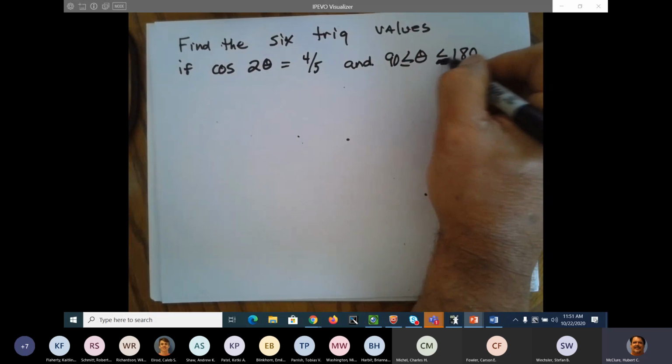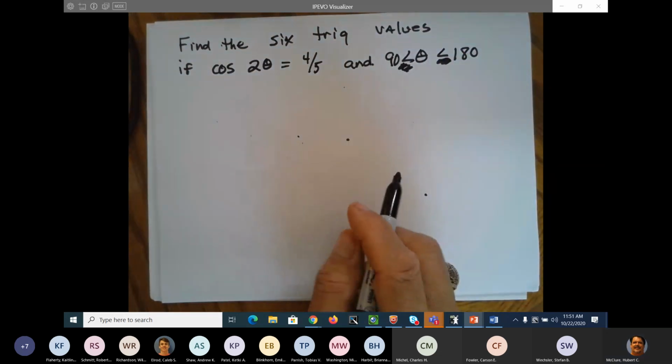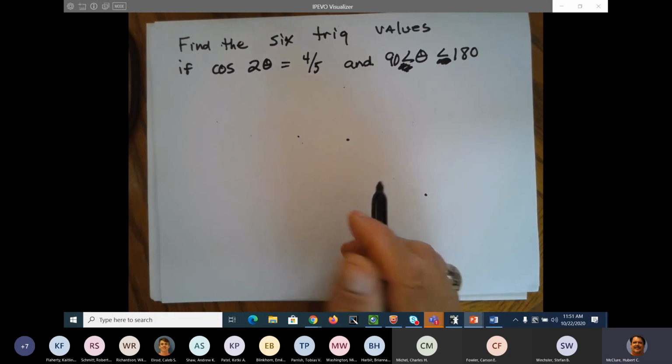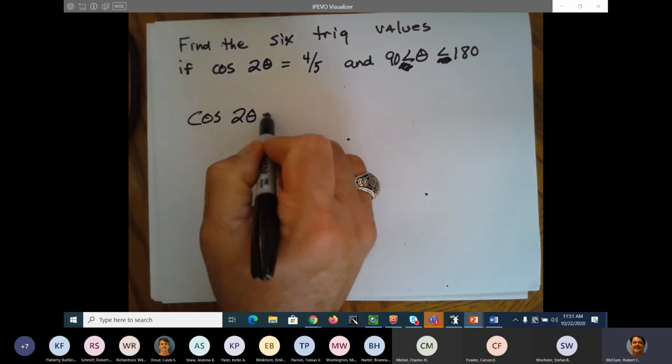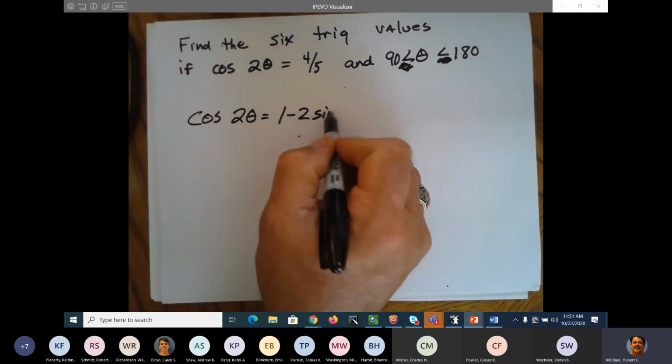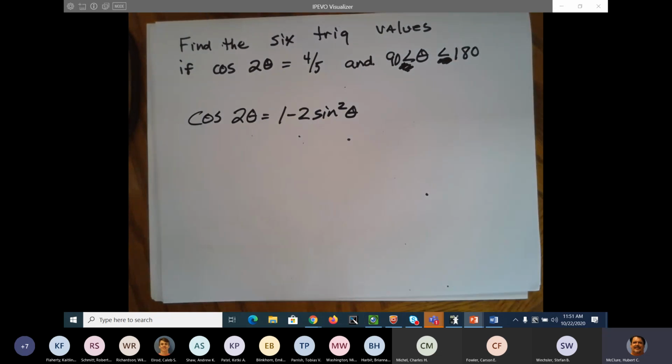And it's not equal to, it's greater than, less than. And we're going to start with the cosine of 2 theta is equal to 1 minus 2 sine squared theta. Give you a hint, we're going to start with that one.